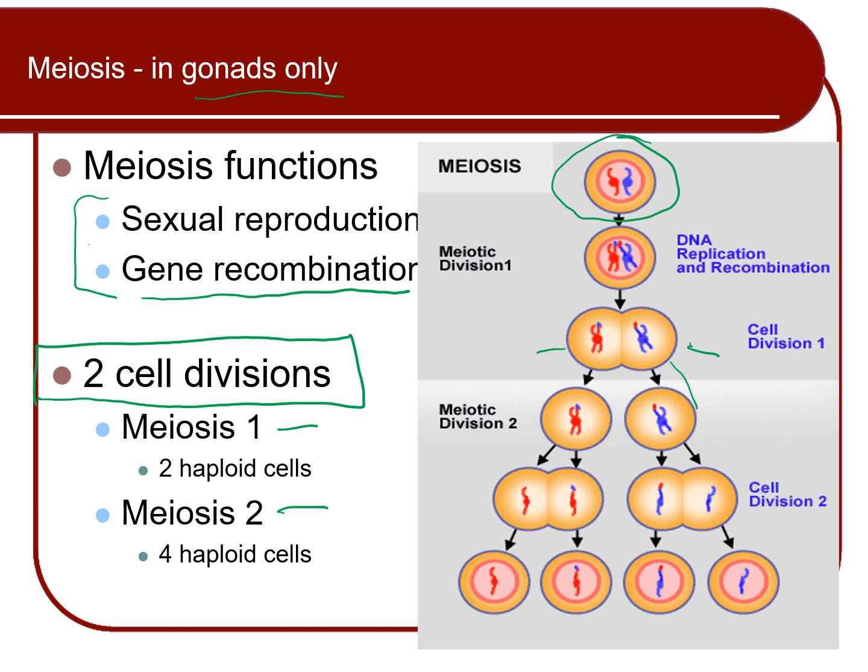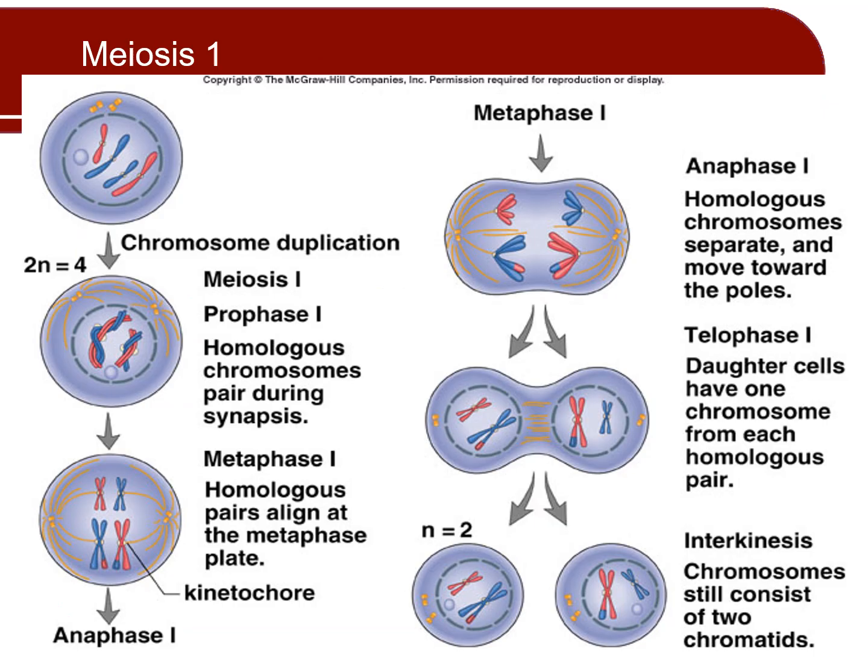Then each of those goes through meiosis 2, and at the end you get 4 daughter cells that are all haploid. So you start off with 1 diploid cell in meiosis, you end up with 4 haploid cells that have 23 chromosomes in humans. So I'm just going to quickly go through the stages of both meiosis 1 and meiosis 2.